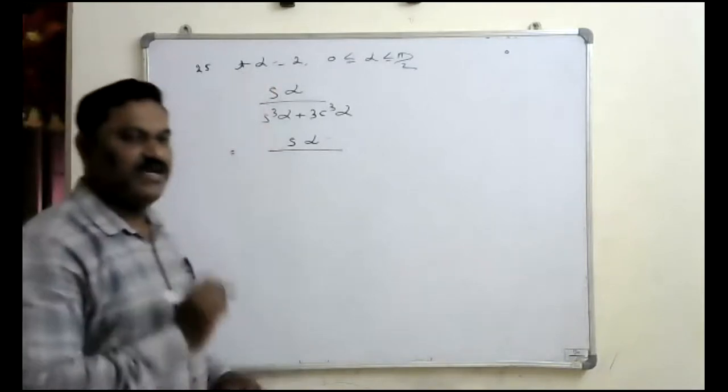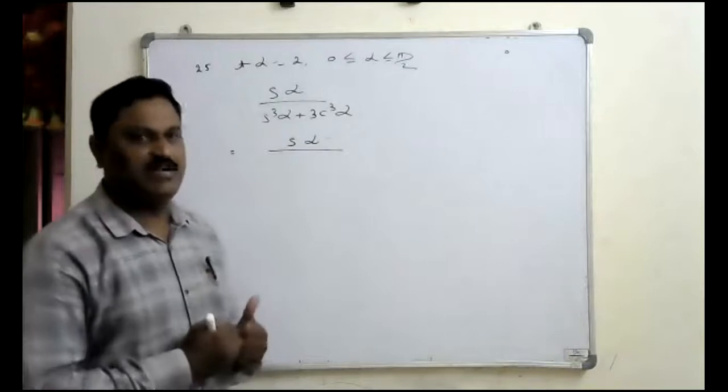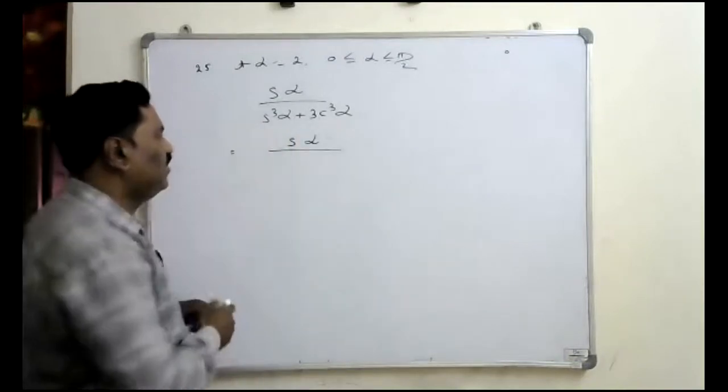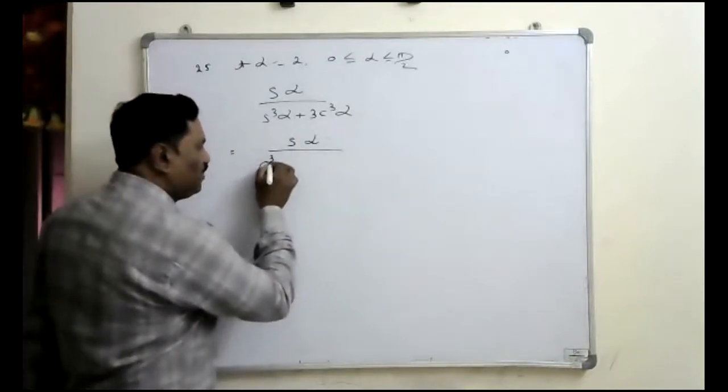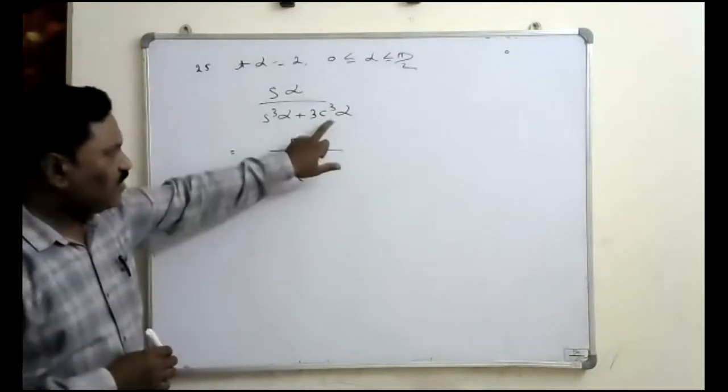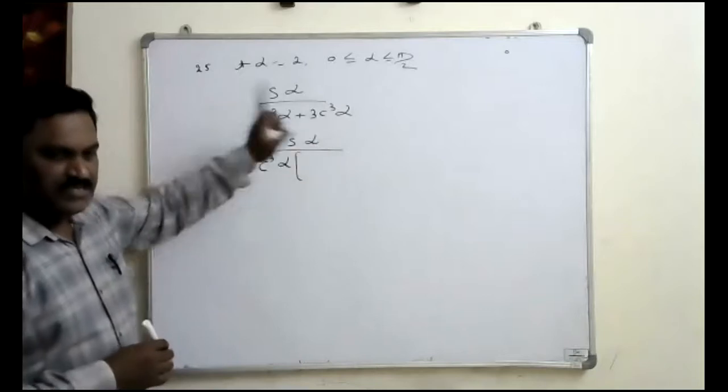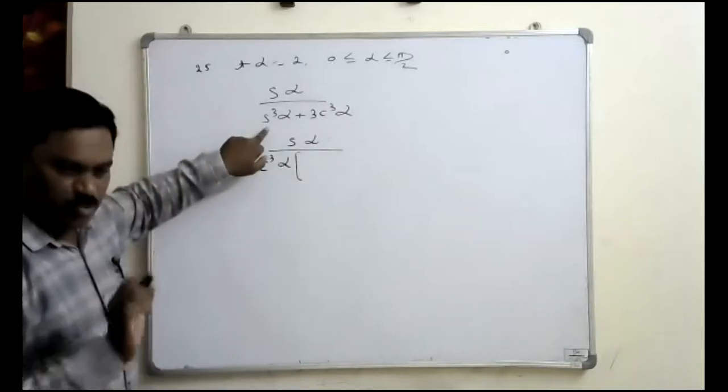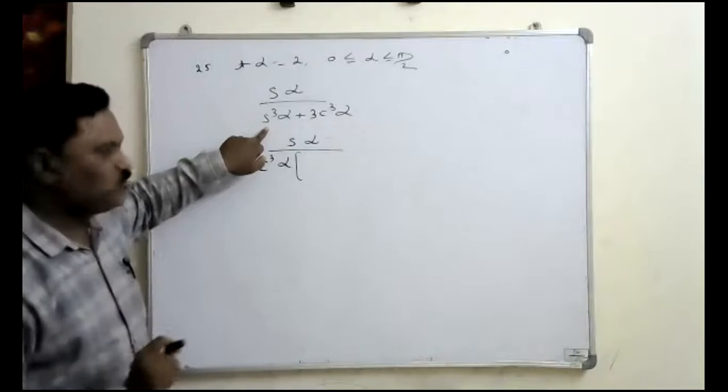For that, tan alpha is sine alpha by cos alpha. From the denominator, take cos cube alpha common. Here there is no cos cube alpha, so you have to divide it by cos cube alpha.